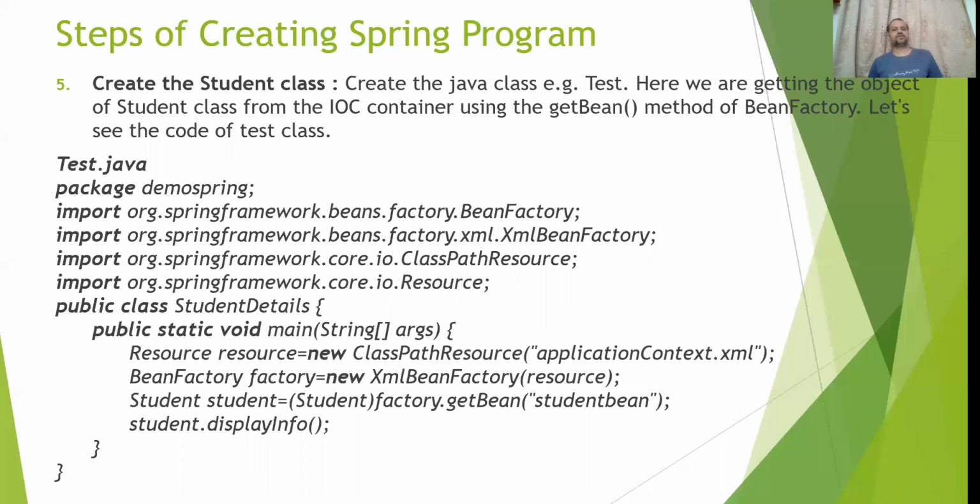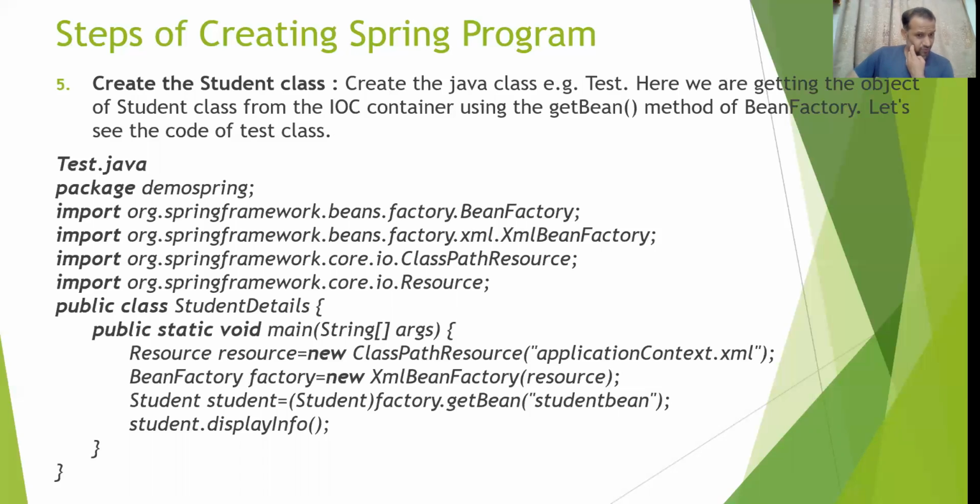Now there are some important imports: org.springframework.beans.factory.BeanFactory. This is one of them, and you have to do the main method first, because from this class you are going to run your program.